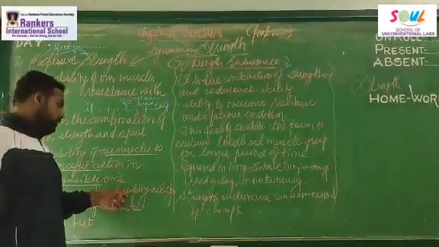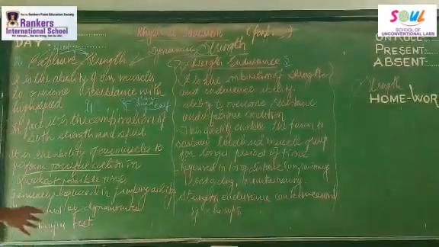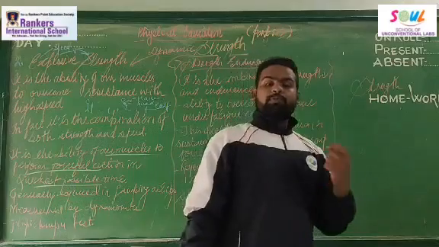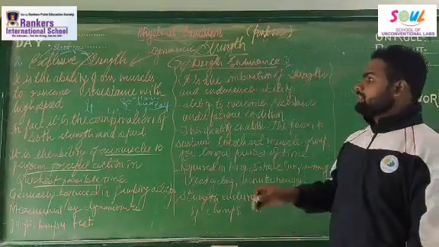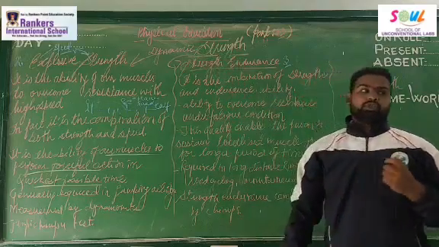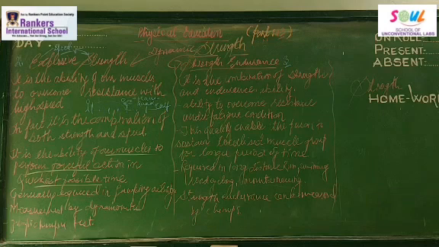It is generally required in jumping activities. It can be measured by a dynamometer, and there is a test called the jump chin-up test. So you perform the test and you can see what explosive strength is. Now let's recapitulate: explosive strength is the ability of our muscles to move in maximum range with high speed.